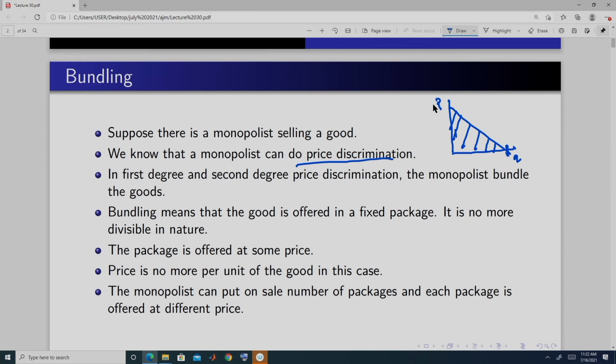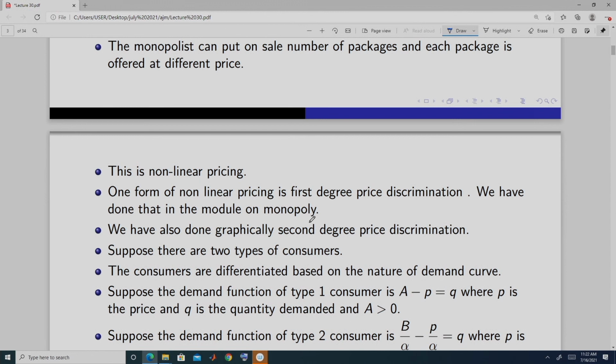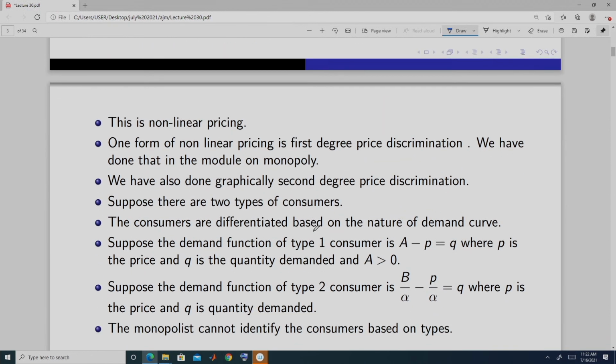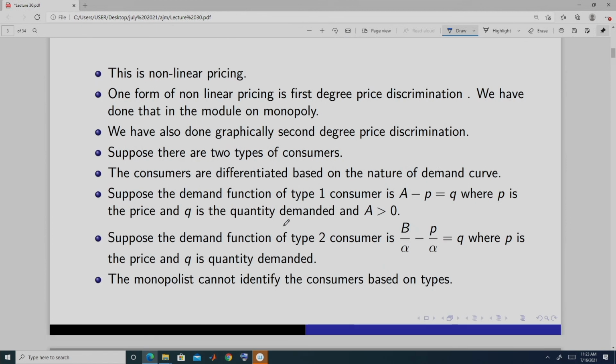We have also done second degree price discrimination graphically, but we will do it algebraically today, and we will consider only the monopoly, because if we take the duopoly or oligopoly, its calculations are slightly more involved. So, we are not doing it.